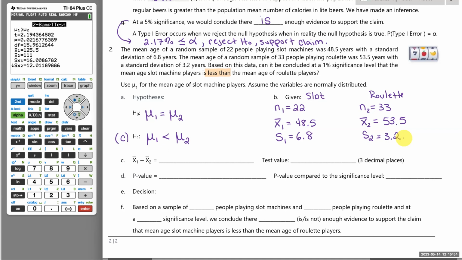All right, so I'm just going to make a little note in between here that sigma 1 and sigma 2 are unknown. So we'll be running a 2-sample t-test.